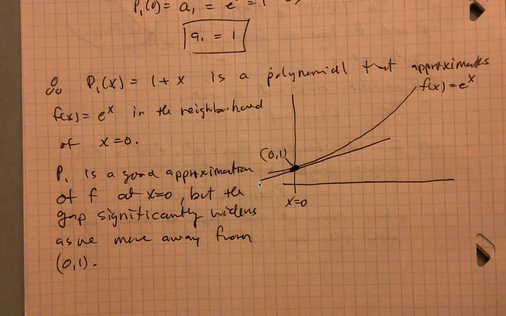Okay, and really in either direction. And that's okay, right? Because this is just an approximation in the neighborhood of x equals 0.